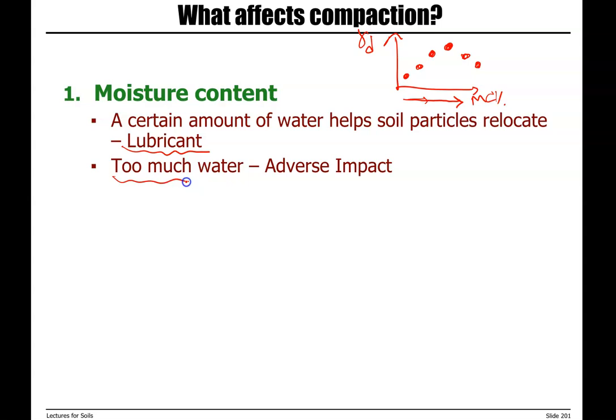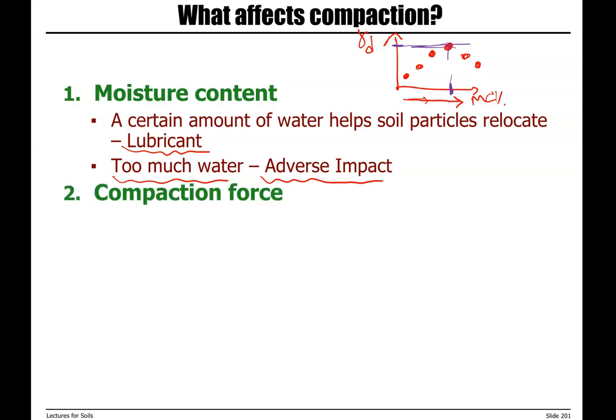So too much water results in an adverse impact, a negative impact on the level of compaction. So it's important that we find the optimum water content that gives us the maximum level of compaction or the maximum dry density.